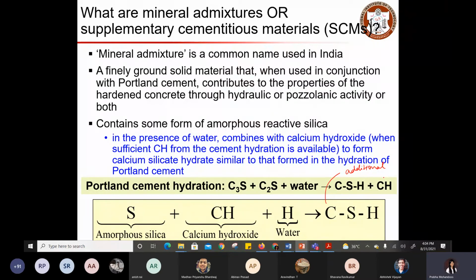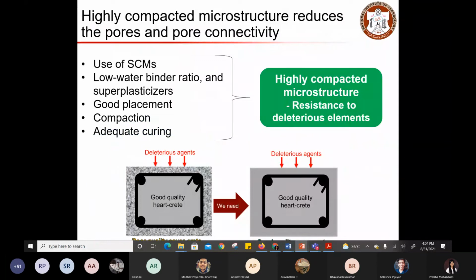So you can enhance the strength and durability in that aspect by using SCMs. The main purpose of using this is that you get a highly compacted microstructure and reduced pores and pore connectivity, and that will result in good covercrete.